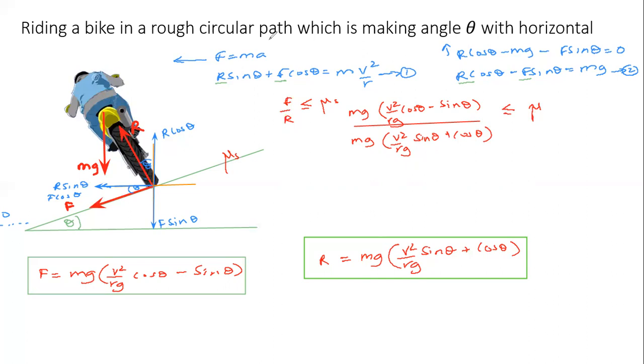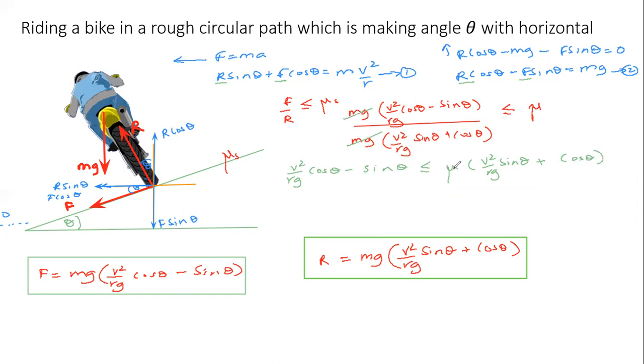Here we can see the term mg cancels off, and then I can do the cross multiplication, which gives me that v squared over rg cos theta minus sin theta is less than or equal to mu into v squared over rg sin theta plus cos theta.